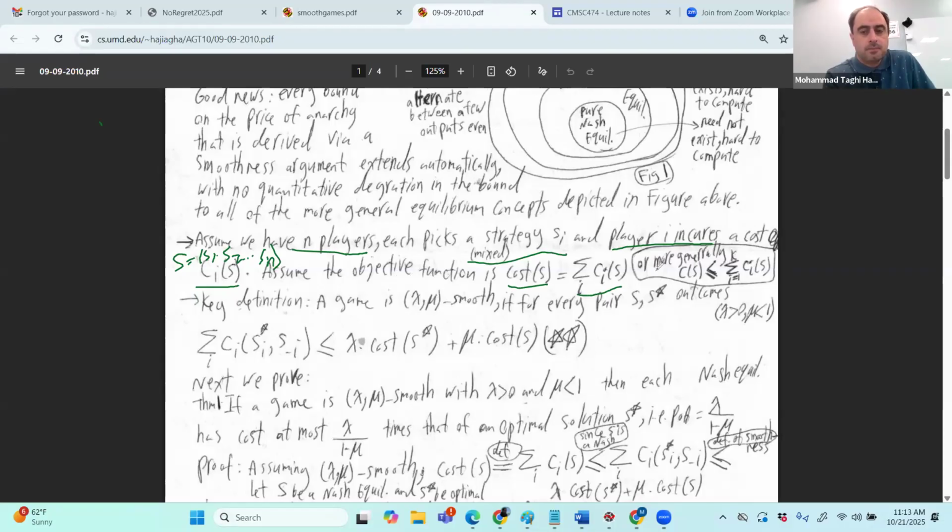So the cost of the strategy profile S, or just C(S), is the sum of the costs for each player. In some sense this cost is the benefit of the whole system.